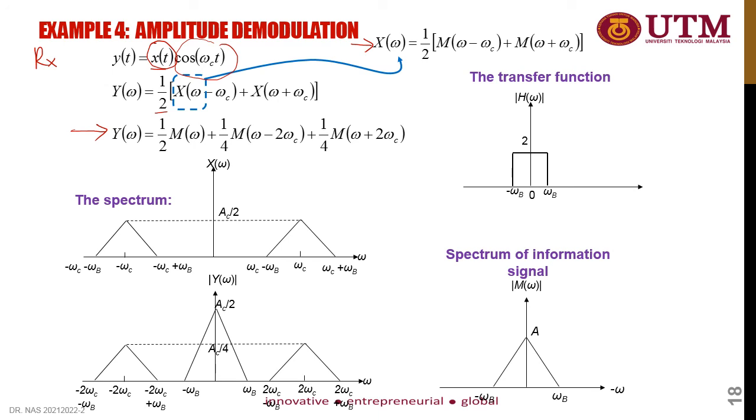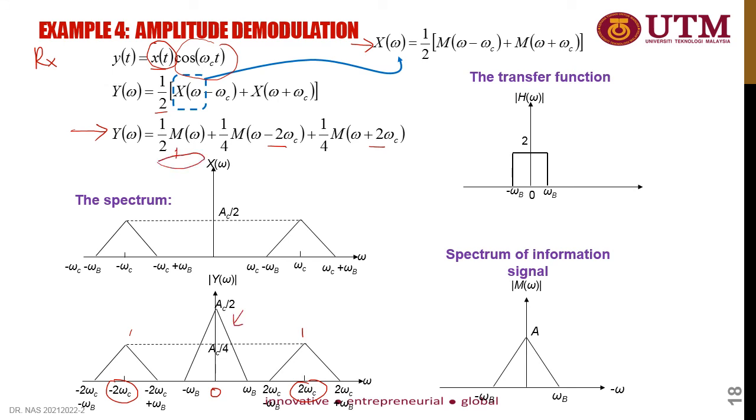This is M(omega minus 0) here, and then at negative omega c and positive omega c, with positive 2 omega c and negative 2 omega c as the center frequencies. After the demodulation, you now have three components. You have the lower and upper frequency components, and you have one in the middle.